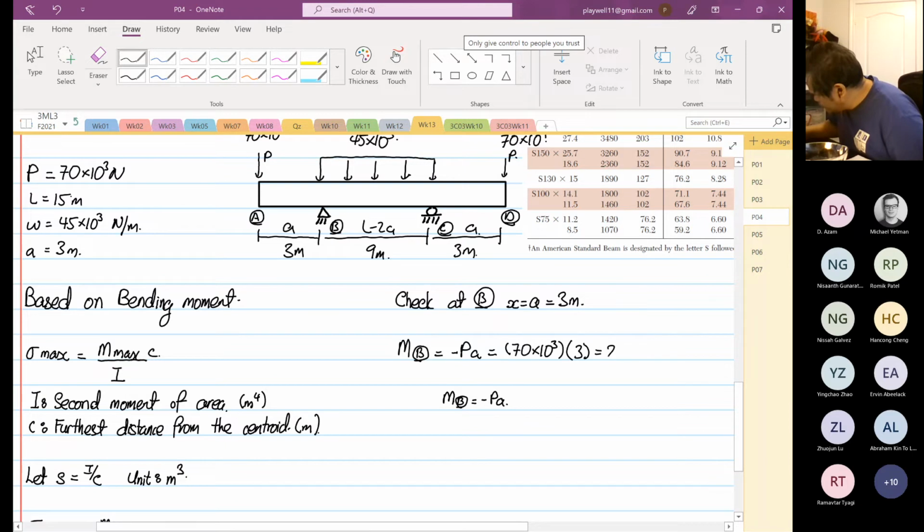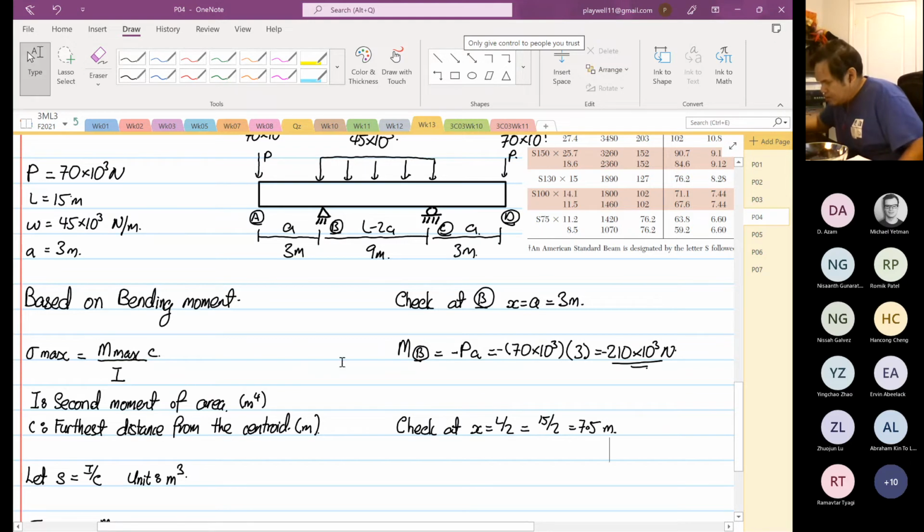So this is equal to minus 210 times 10 to the power 3 N·m. Then we check at x equal to L over 2, or x equal to 7.5, since 15 divided by 2 is 7.5.